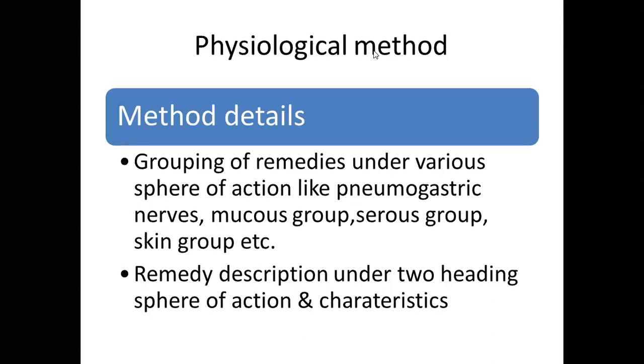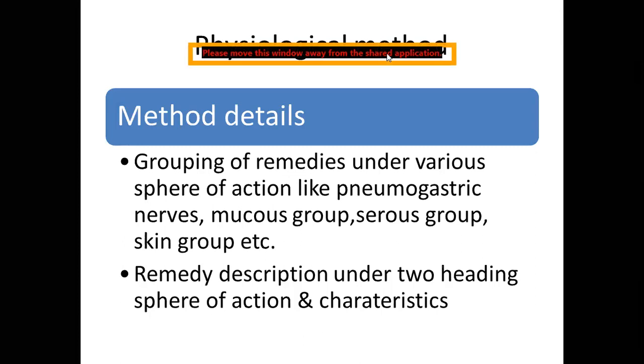Peritoneum, then pleura, pericardium. So these are three basic examples of serous membrane. And there are some drugs which act more on such kinds of organs, like bryonia, rhododendron, rhus tox, senna.